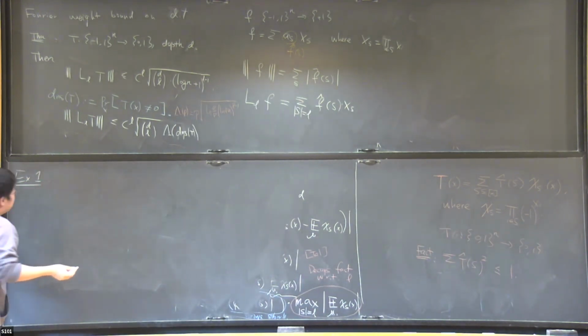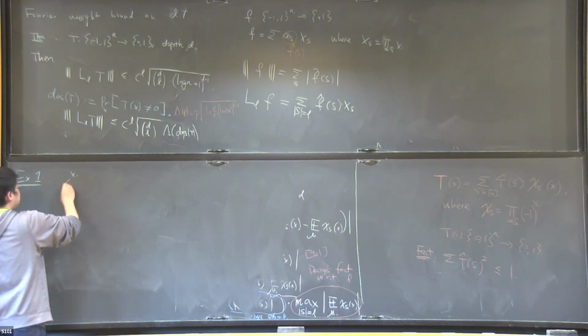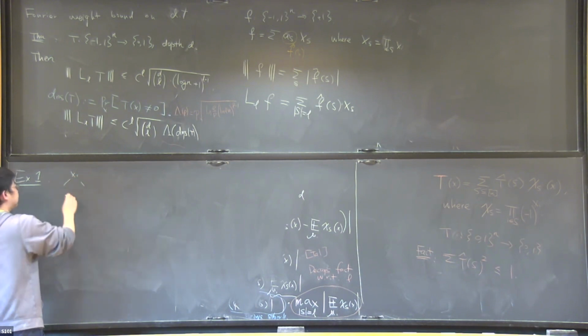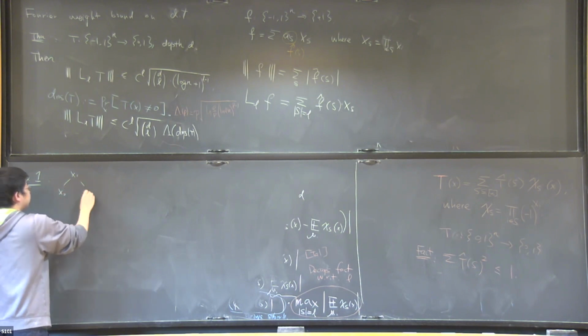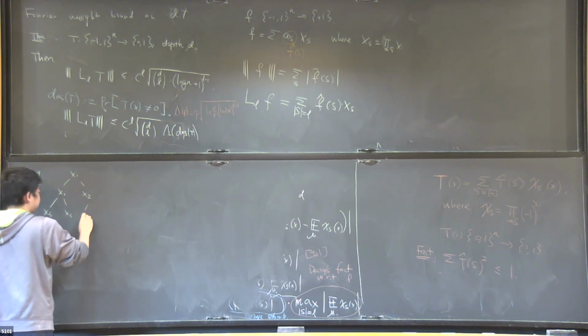In the first example, we just look at the non-adaptive decision tree, by which I mean, in this decision tree, you always query the first bit in the beginning, and then whatever you get, you always query the second bit. And then you always query the third bit.